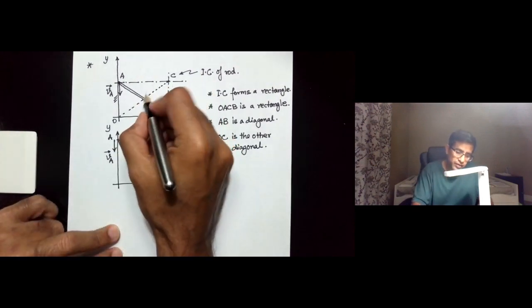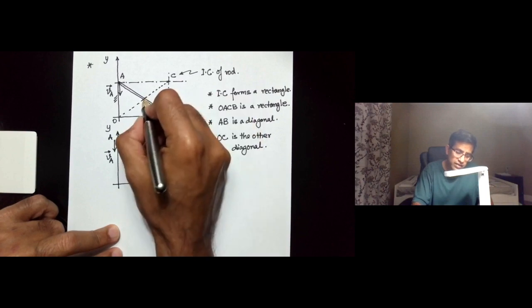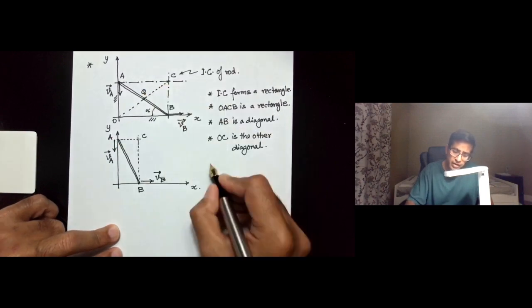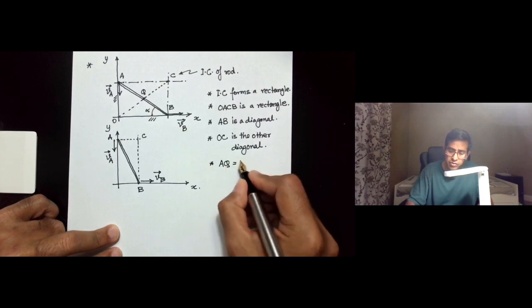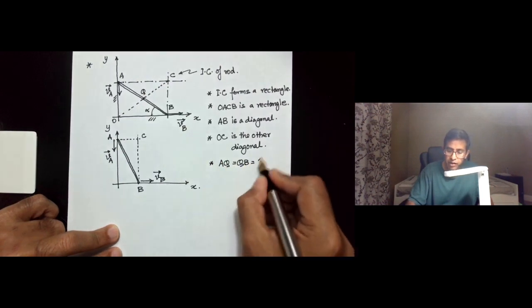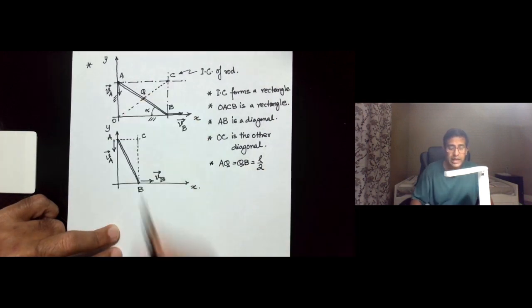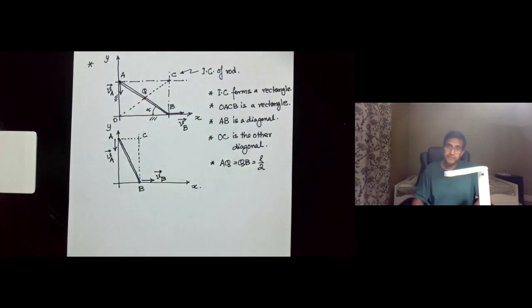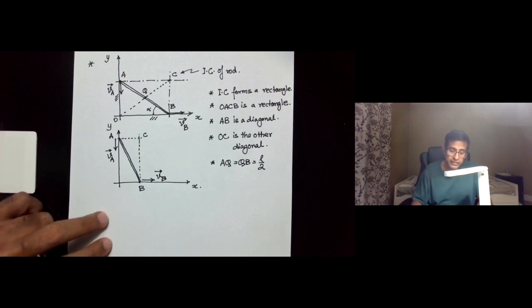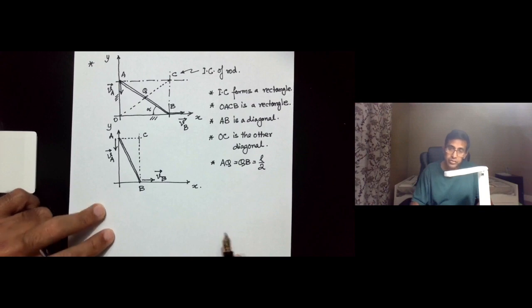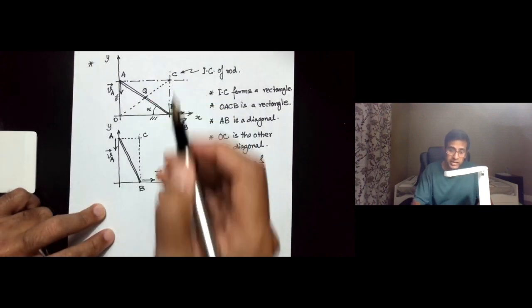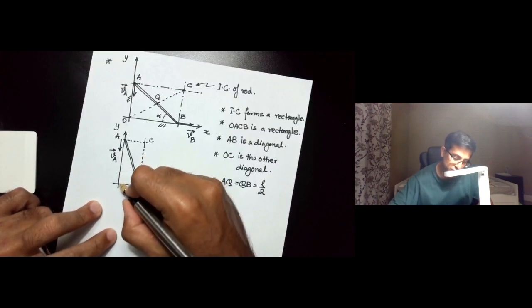So this point of intersection, if I call this Q, AQ is equal to QB is equal to L over 2 if the length of the rod is L. Right? If the rod is of length L, then AQ equals QB equals L over 2, and it doesn't matter where the instantaneous center is, the same thing happens over here.